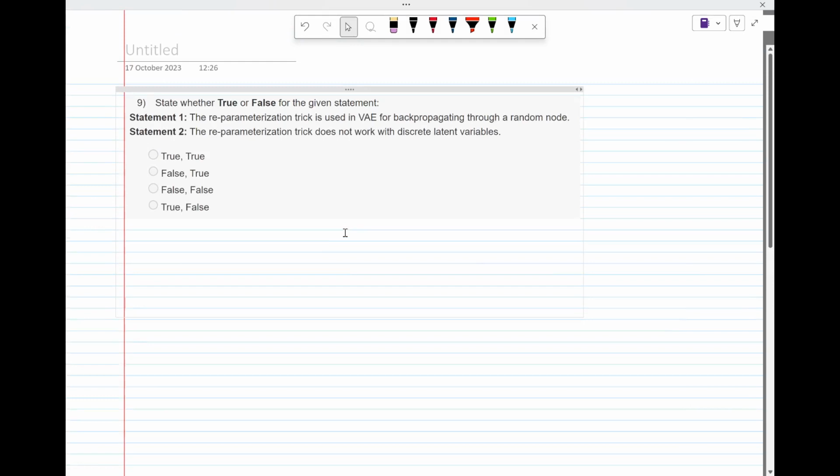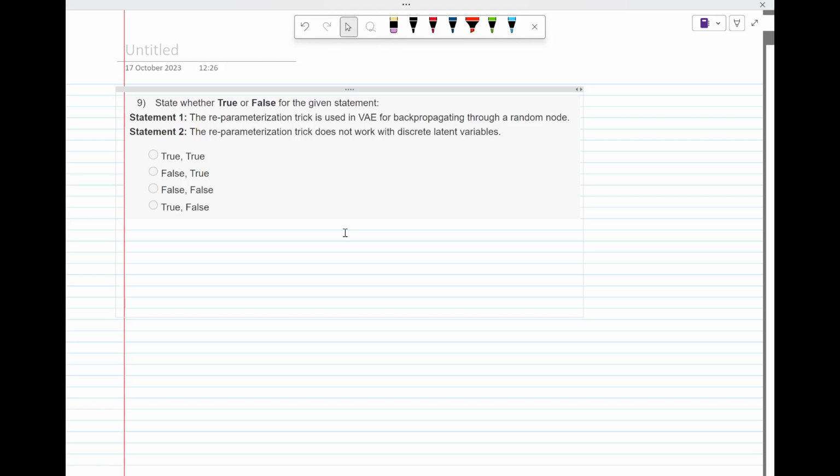So there are two statements and they're asking which are true and which is false. First statement: the reparameterization trick is used in variational autoencoder for backpropagating through a random node.